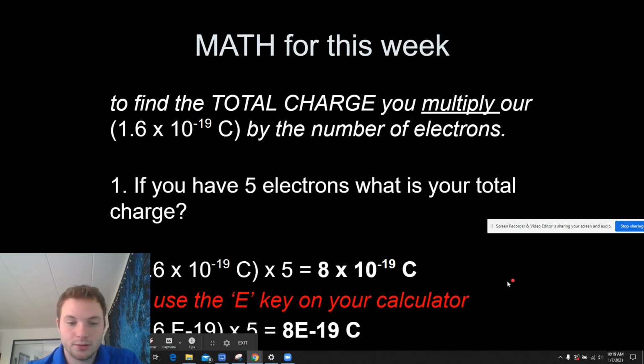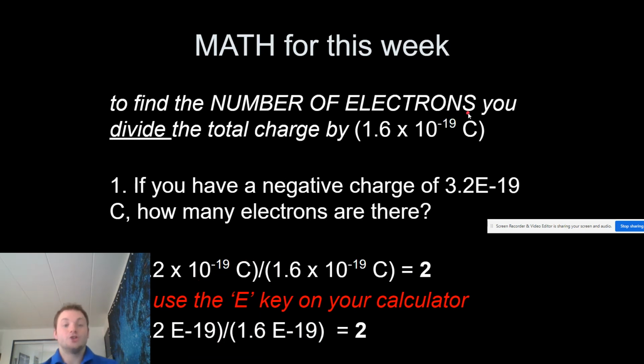Okay. You can also use the E button on your calculator, as we've talked about, rather than times 10 to the negative. All right. So that's if you're given the number of electrons and they ask you the charge. Now, if you need to find the number of electrons and they give you the total charge, you would divide. You take the total charge, 3.2 times 10 to the negative 19th, and you divide by the charge of 1 electron.